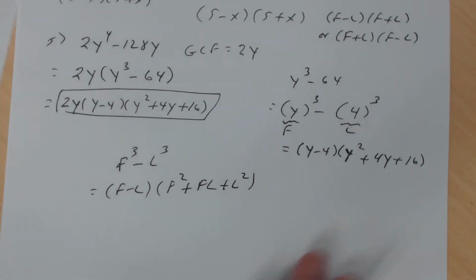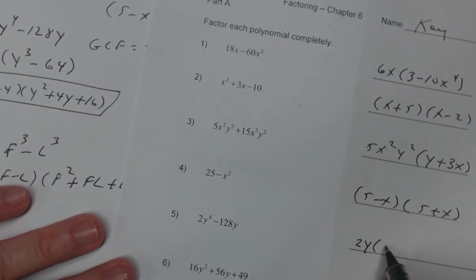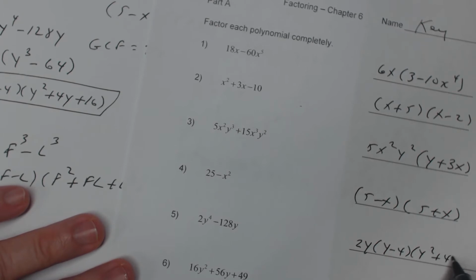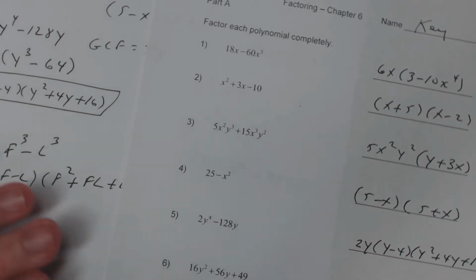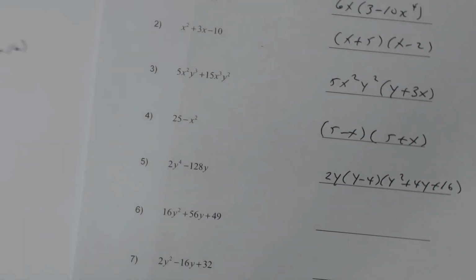All right, so that's number 5. You're going to get 2y times y minus 4 times y squared plus 4y plus 16.